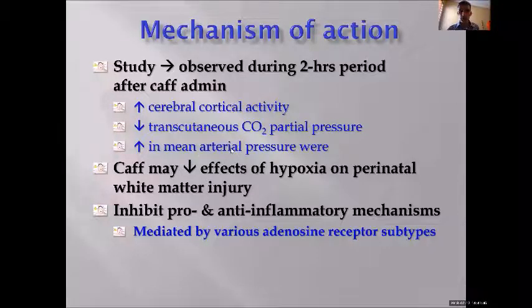It also increases the mean arterial pressure. Caffeine may also decrease the effect of hypoxia on perinatal white matter, and also inhibit pro and anti-inflammatory mechanisms, because most of the pro and anti-inflammatory mechanisms are adenosine receptor subtype mediated.